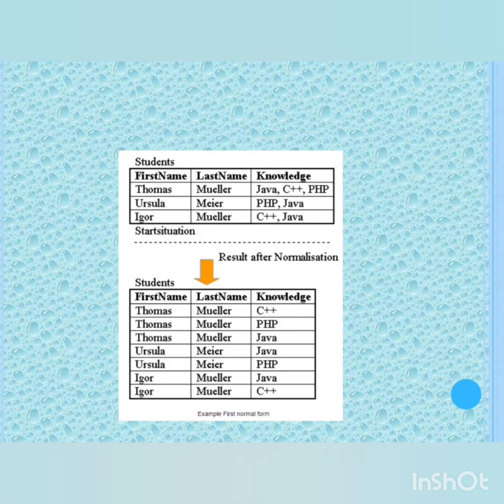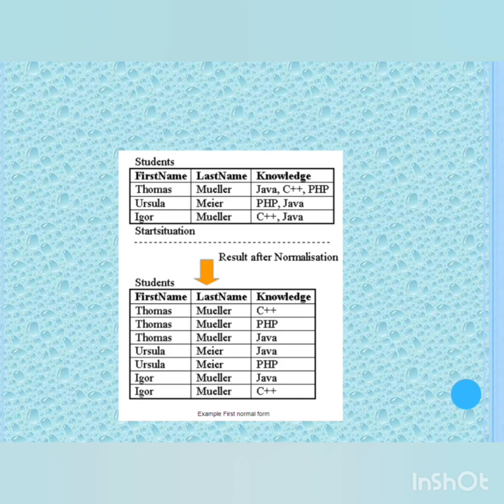Now, say for example, a relational table contains these three attributes. Student table has attribute first name, last name and knowledge. First name and last name supply names for the student. Then knowledge. We are trying to define different types of knowledgeable skills for a particular student.